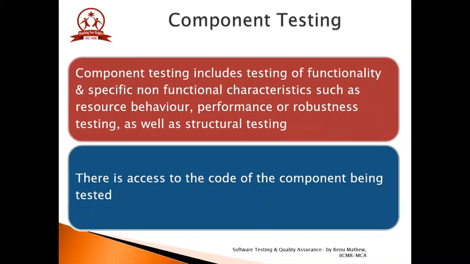Component testing includes testing of functionality and specific non-functional characteristics such as resource behavior, for example, memory leak, performance or robustness testing, as well as structural testing. And in component testing, there is access to the code which you are testing.